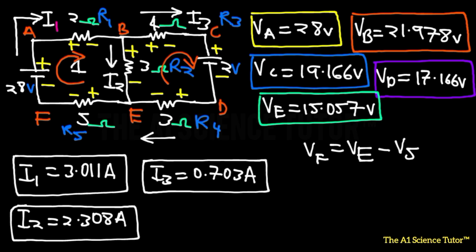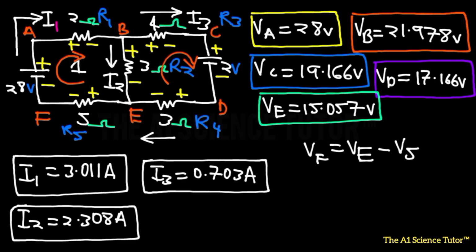You have to understand this: V5 is going to be equal to I1 multiplied by R5, because we had the second current and the third current, and they actually rejoined at point E and went through the 5 ohm resistor. So I need to take I1, that is 3.011, and that will be multiplied by 5.